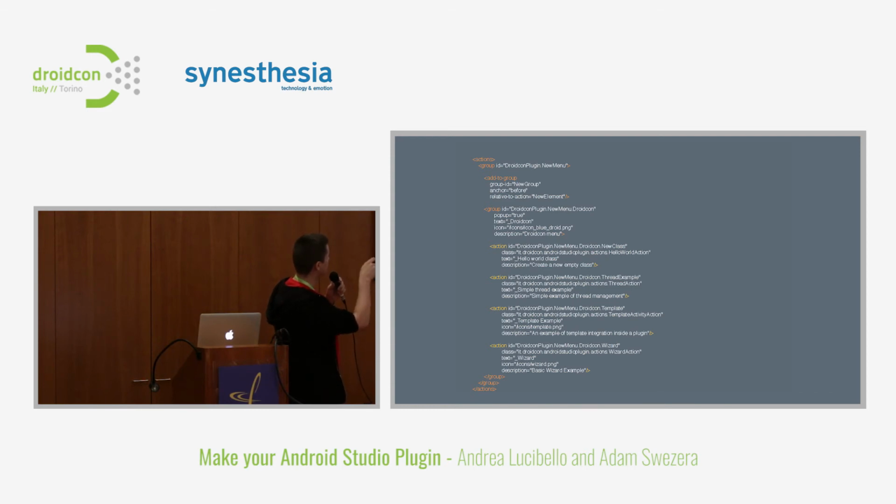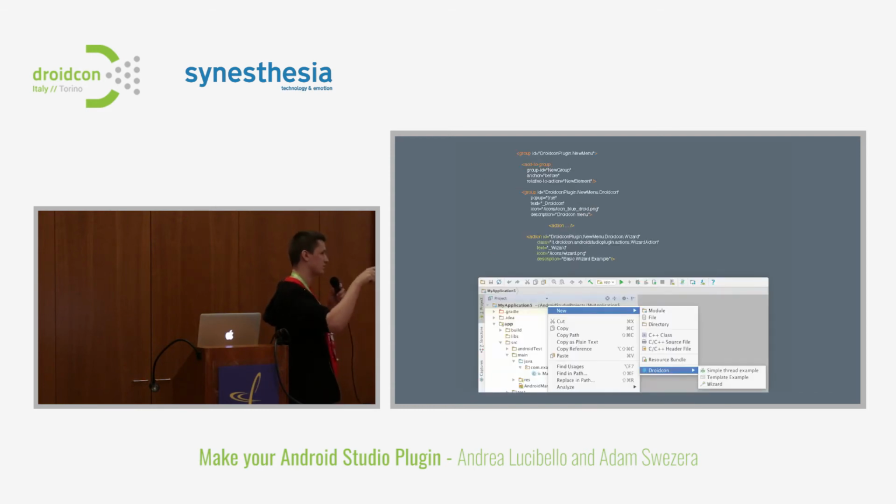For example, here we are telling it to show in the New group. So when we click on New, it's going to show up there, just as in the next slide. So we click on New, and we see the Droidcon group with the actions we defined.